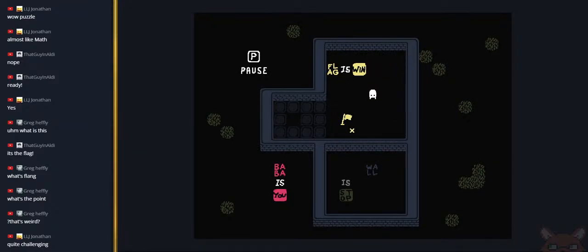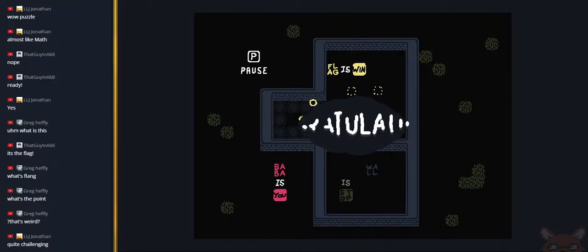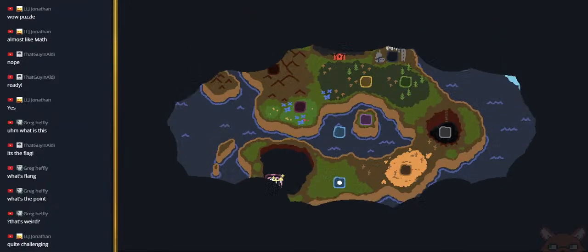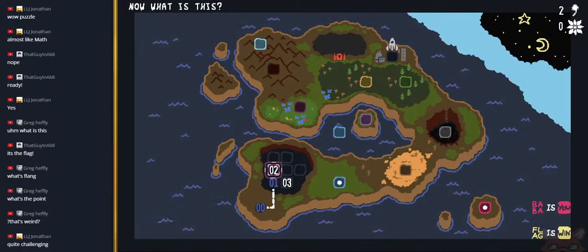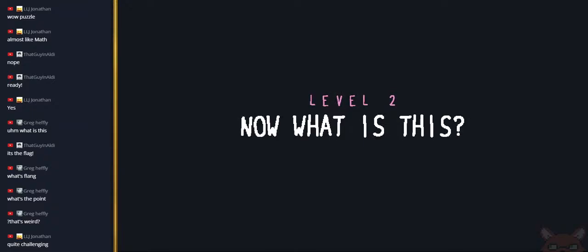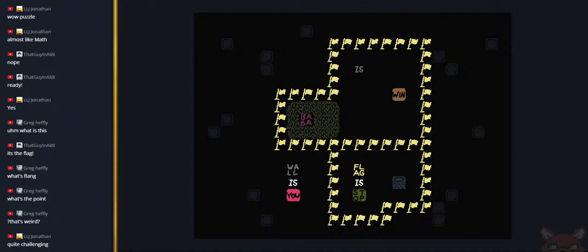So we know we can move text, and we know our end conditions based on what we have learned from the previous puzzle, and we can use that to solve this one. Okay, so what is this puzzle trying to teach us? Well, this is basically trying to teach us what we already knew.